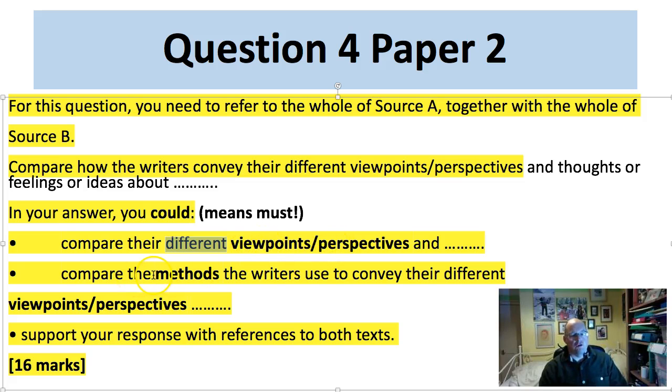Now, the crucial bit here is once you have found the difference, you have to name the method. What is the technique, the method that the writer is using here to show you the difference? And then finally, it says you could support your response with reference to both texts. No, it means you must, and reference means you must quote.